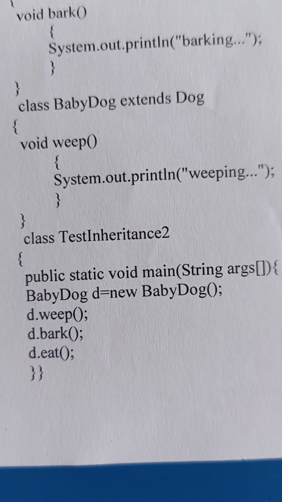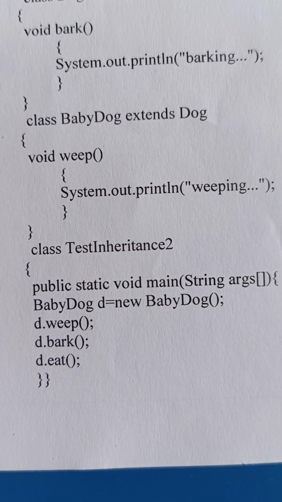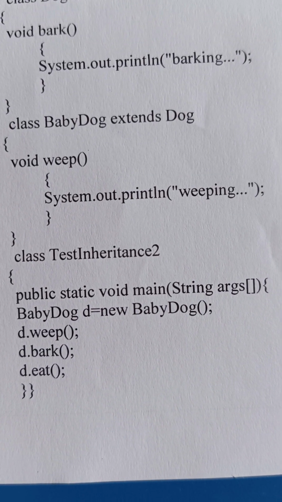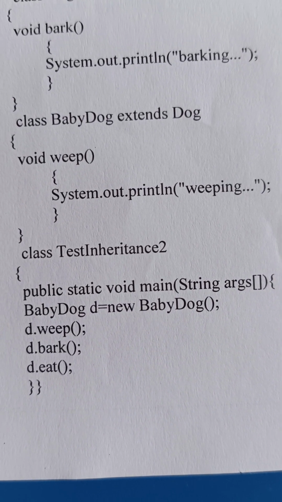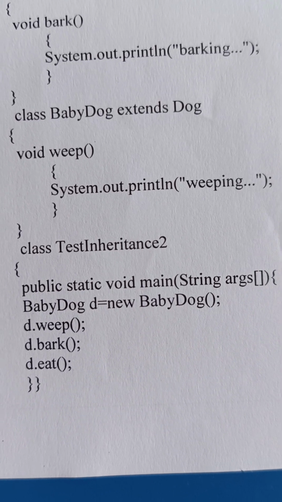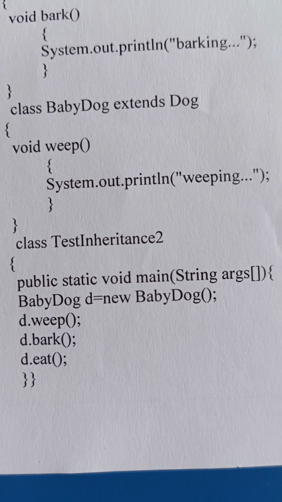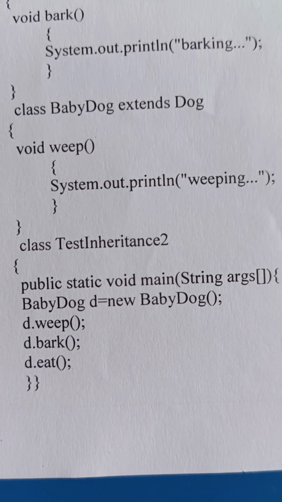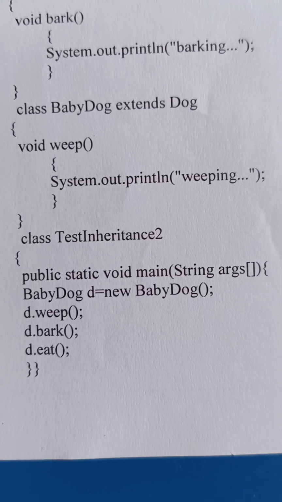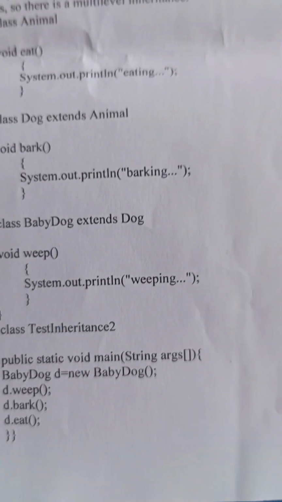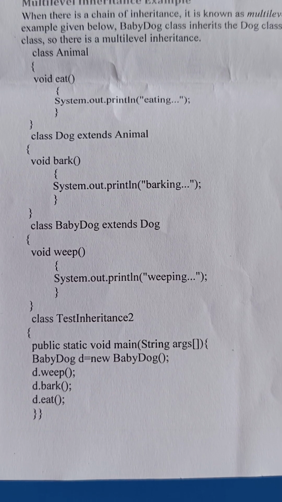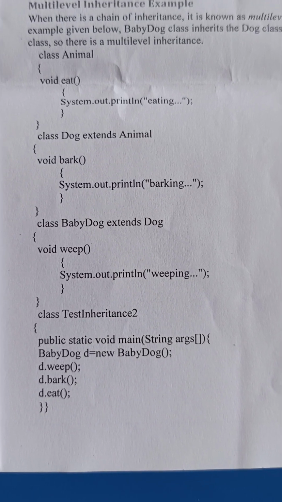It is like you have 2 acres, your father has 2 acres and your grandfather has 2 acres, so now in total you have 6 acres. The same thing here: by using baby dog we access the features of animal and also the features of dog. This is about multi-level.